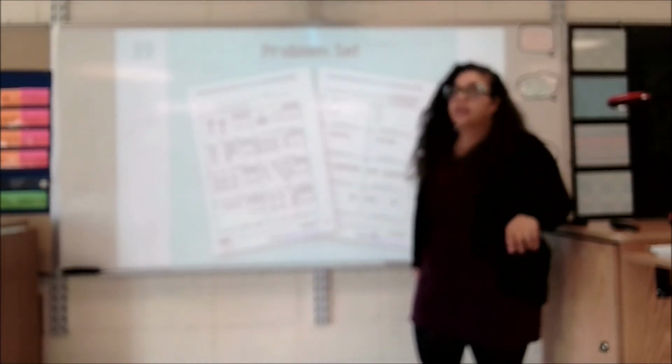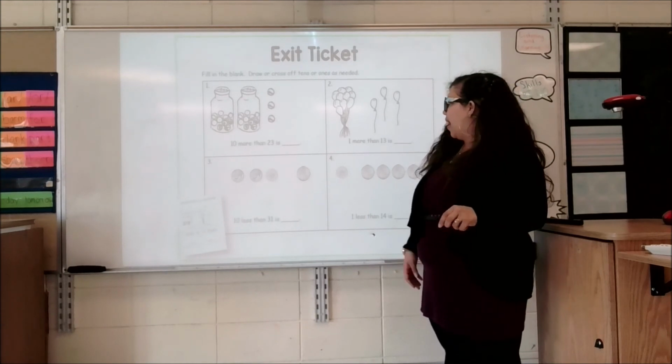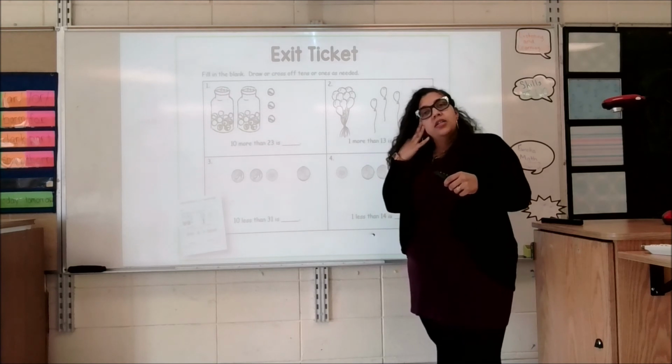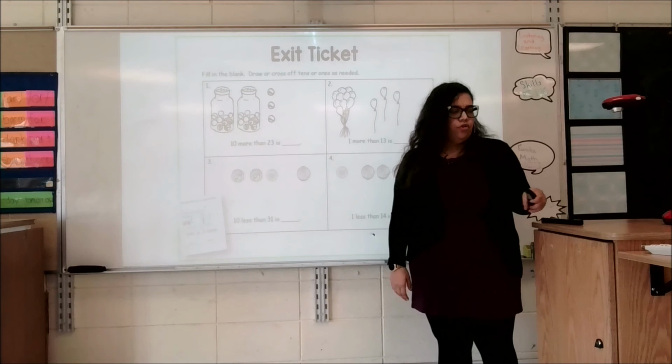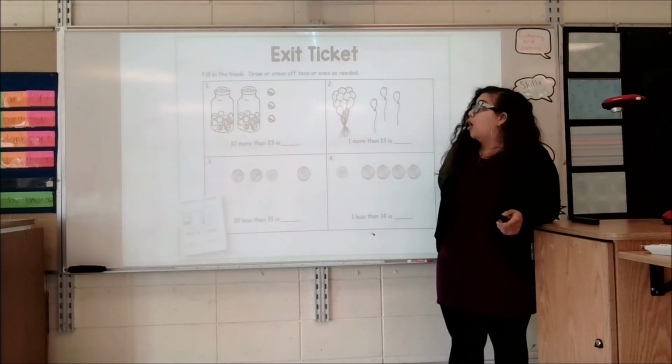Go back in Nearpod and proceed to complete your exit ticket. This is another one where I've spread it out into separate draw slides so that way you have room to work. We'll do draw it for this one because this is still new. It says draw or cross off tens or ones as needed.